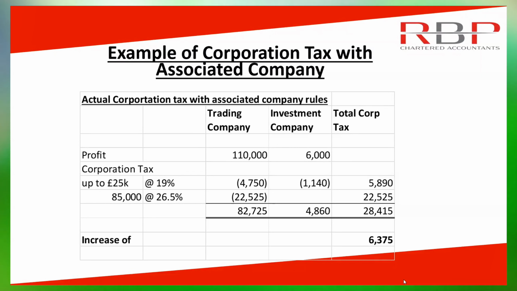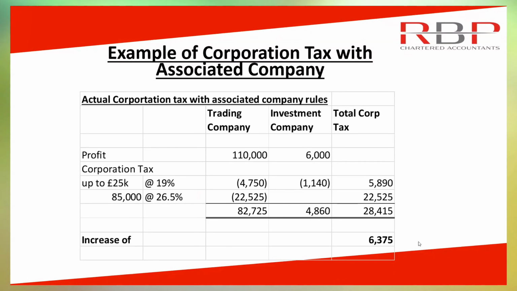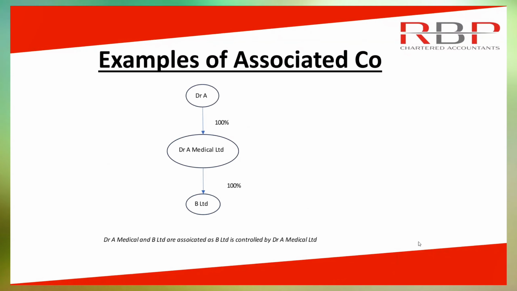Can I do some more examples for you and talk through them, because it's not as straightforward as just yourself as an individual having more than 51% in each company. Let me give you a simple example first.